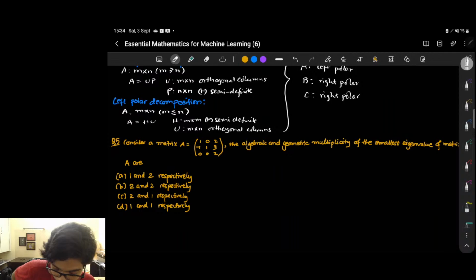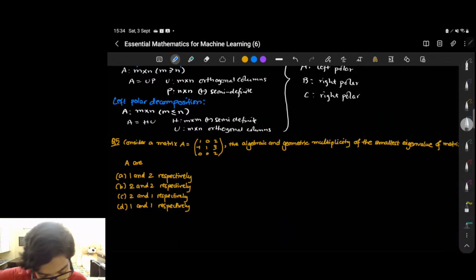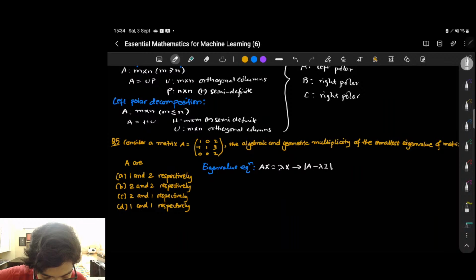So we have the eigenvalue equation, Ax equal to lambda x, and we find the eigenvalues by taking the determinant of A minus lambda I as 0. So eigenvalues are found as follows.